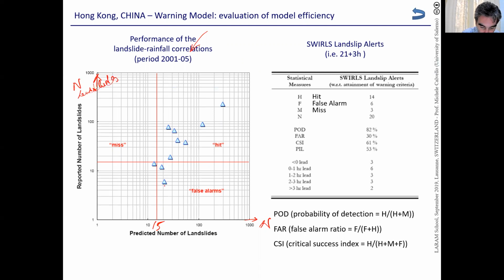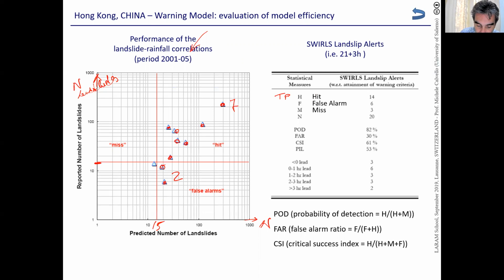So they issued the alert 1, 2, 3, 4, 5, 6, 7, 8, 9 times. 7 times out of 9, there were more than 15 landslides. So they did a good job, and you can call this a true positive.